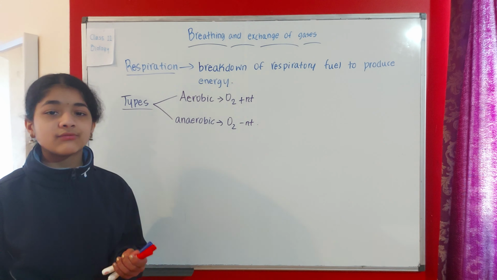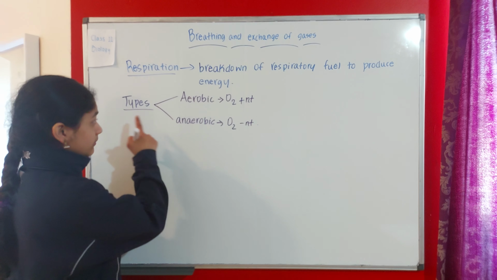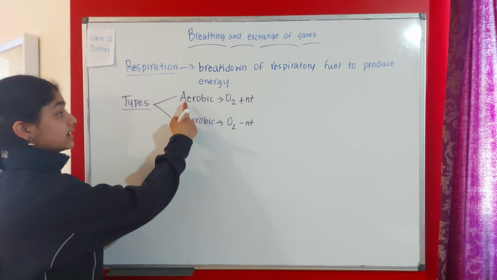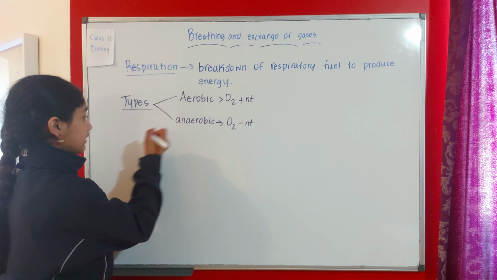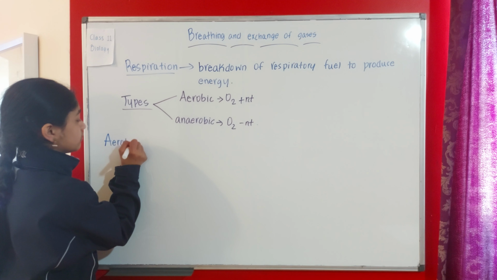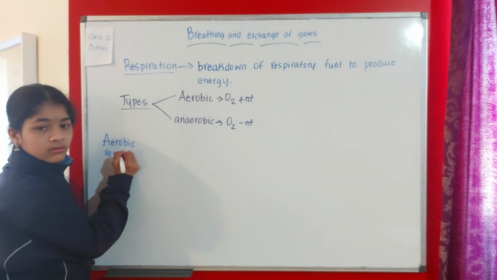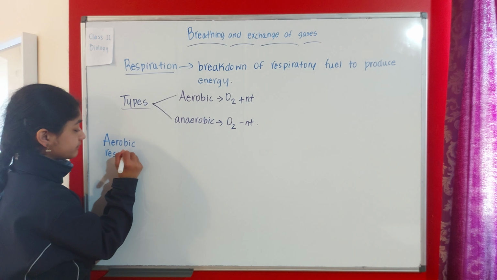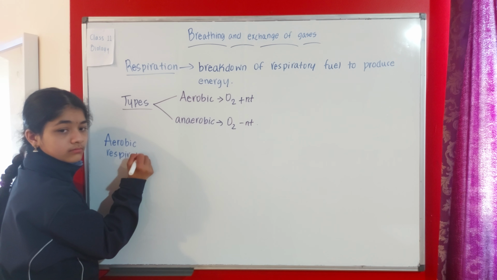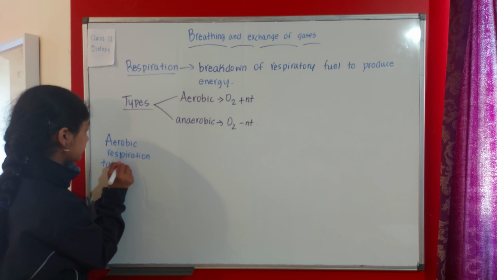So here we have defined what is respiration and the types of respiration. Now, aerobic respiration takes place in the mitochondria of the cells.